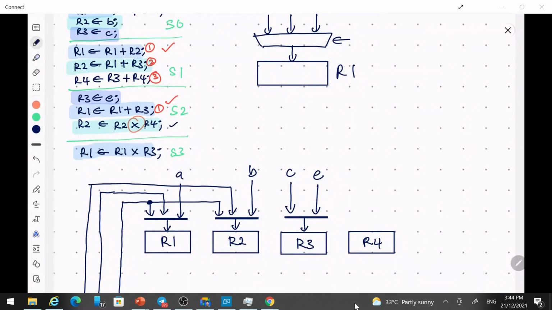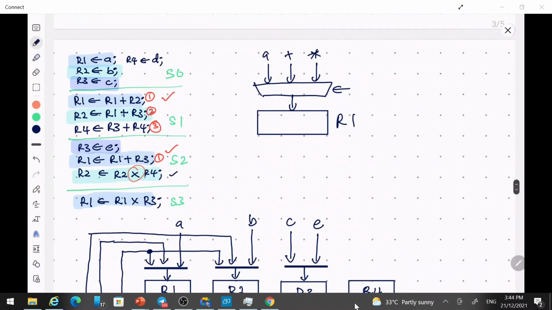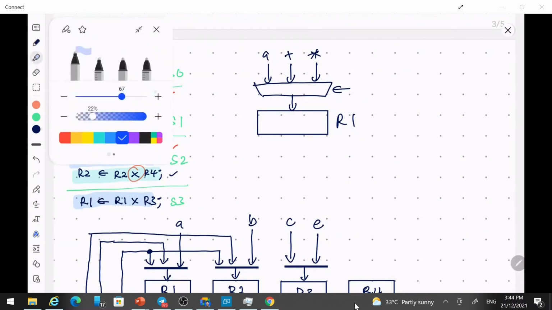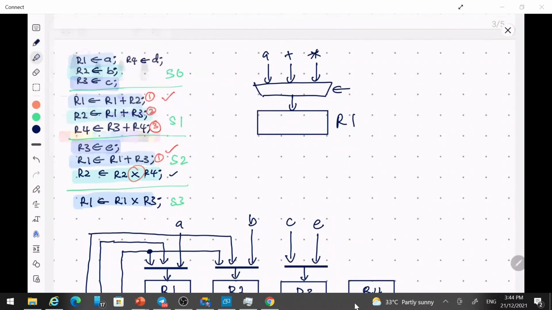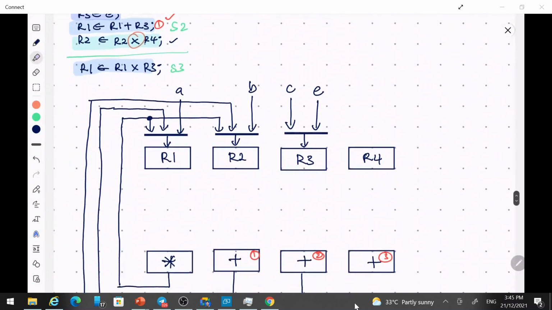And the last one is R4. For R4, we have inputs from adder number 3 and also D. So we can have a multiplexer also.